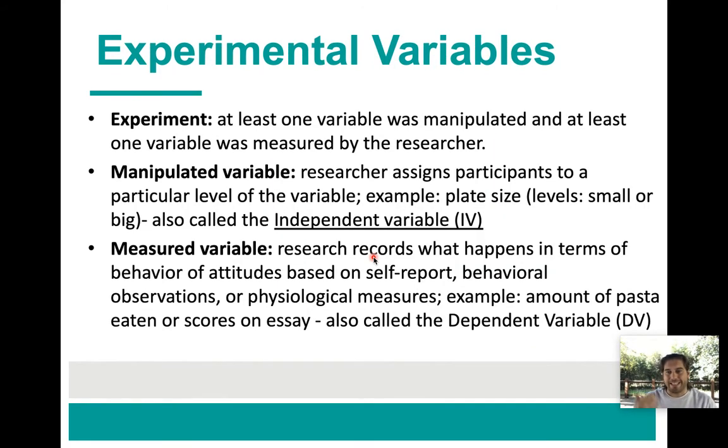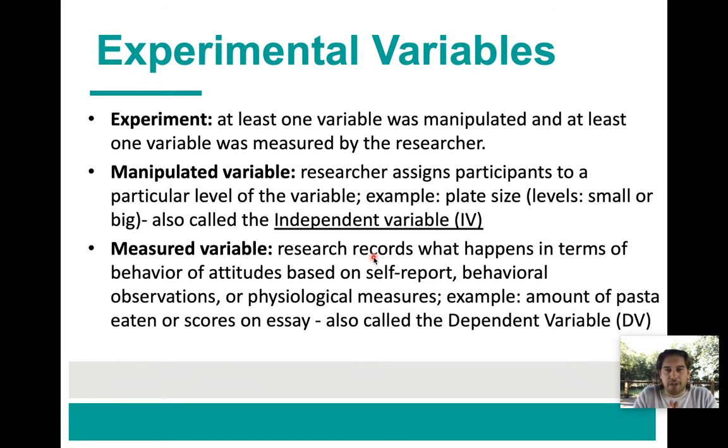So the key to an experiment, again, is that we take at least one variable. In these examples, we're only going to worry about one. You can do more. That's for a different class. That's too complicated for us. We're going to stick with one variable that is manipulated, which generally means that we're putting people into groups, or, as we'll see later, we're doing multiple things to people over time.